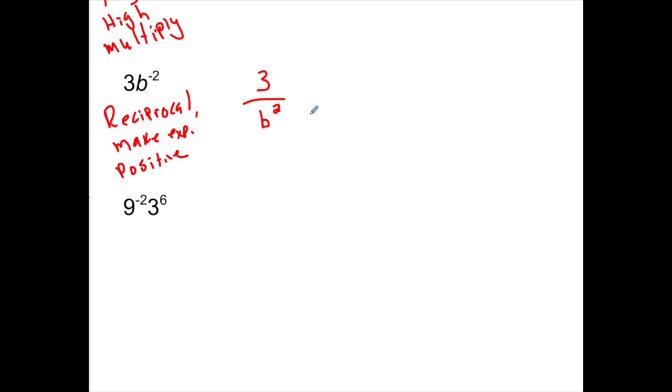So I took the b to the negative 2, flipped it to the reciprocal 1 over b, and made the negative 2 a positive 2. It's literally 3 times 1 over b squared, which is 3 over b squared.